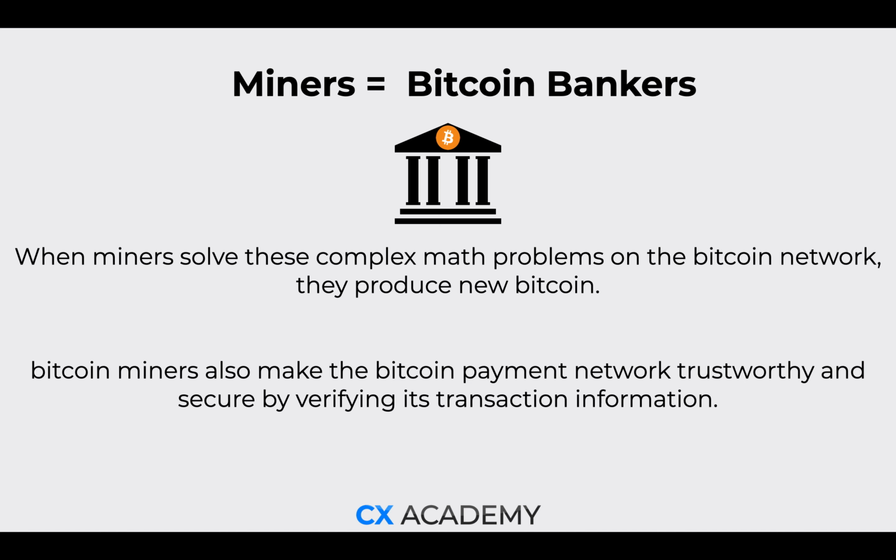When miners solve these complex mathematical problems on the network, they produce new Bitcoin. They're essentially, not printing, sorry, they are introducing new Bitcoin to the circulation as a reward from the network. Bitcoin miners also make the Bitcoin payment network trustworthy and secure by verifying transaction information.